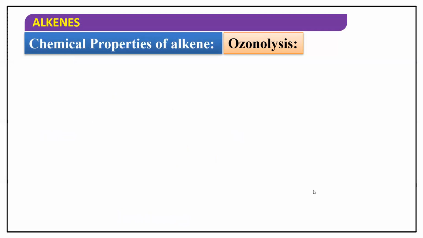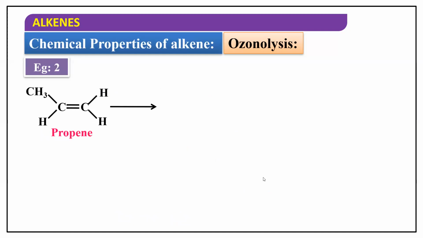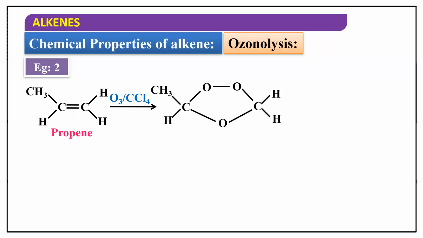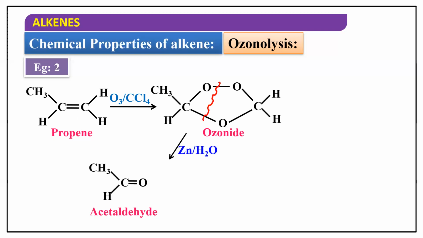All right. So what did I give you? I gave you propene. Propene was made to react with ozone in the presence of carbon tetrachloride. That gives us the ozonide. And then from the ozonide, there is lysis using zinc and water. The first lysis, or the first break, will give you acetaldehyde.